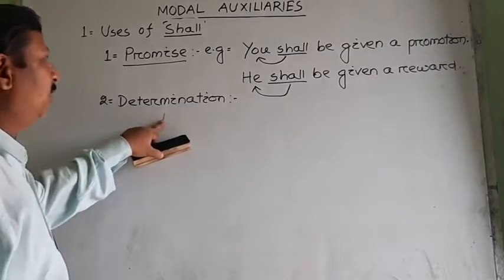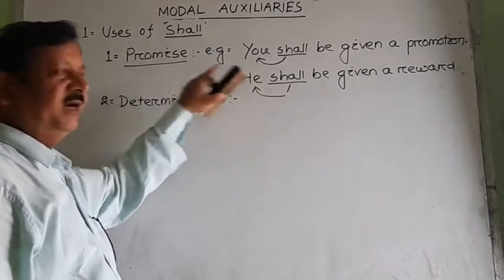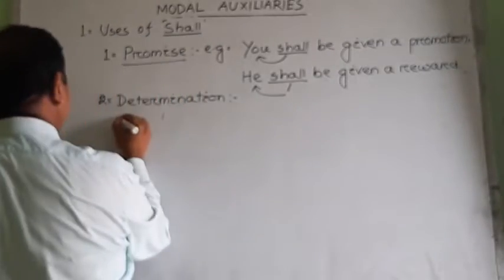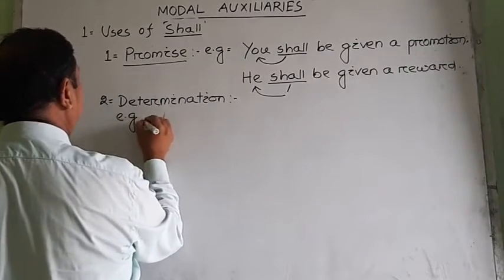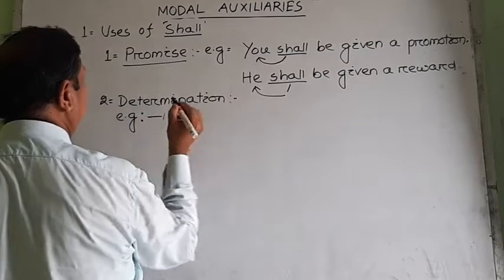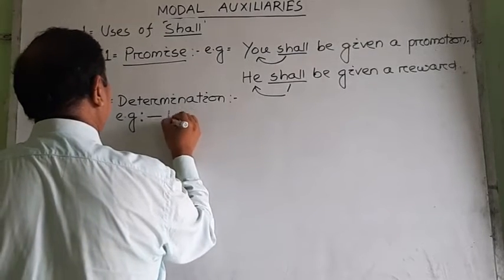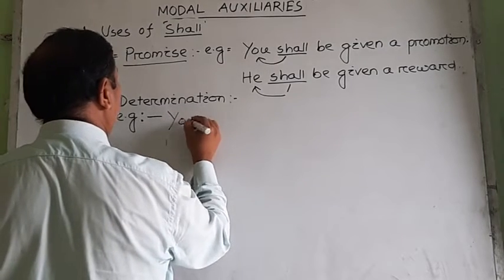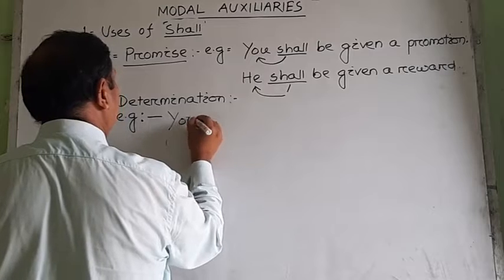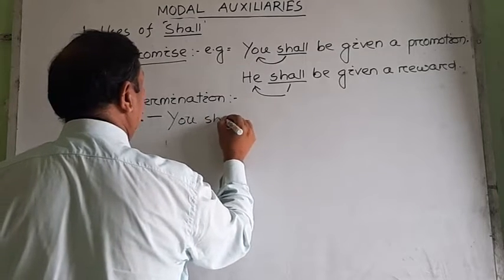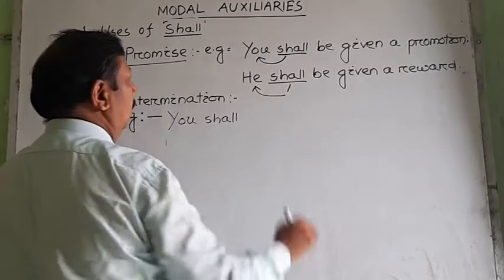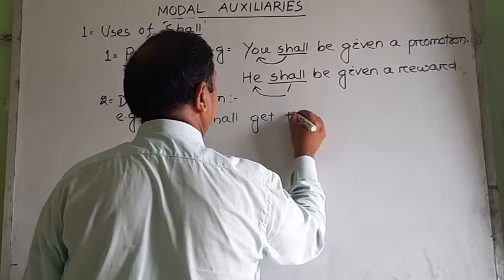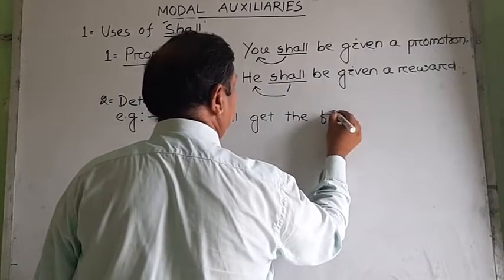When does it express determination? When shall is used with second and third person. Let us have the example. You shall get the first prize.